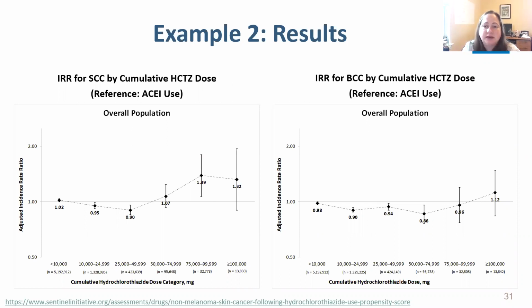So basically, they consolidated these a little bit further, and above 50,000 milligrams in terms of cumulative dose is when the increased risk with squamous cell carcinoma was seen.